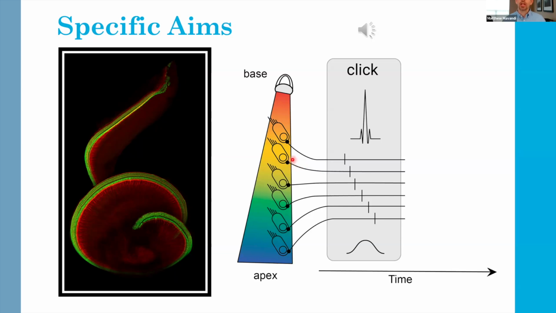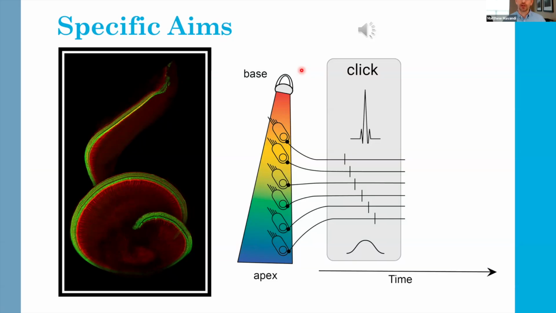And so in ABR, they currently use what's called a click. A click plays the sounds all at once, and so it doesn't account for the time that it takes for the sound to travel through the cochlea to the apex. I'm going to play the click for you so you know what it sounds like.